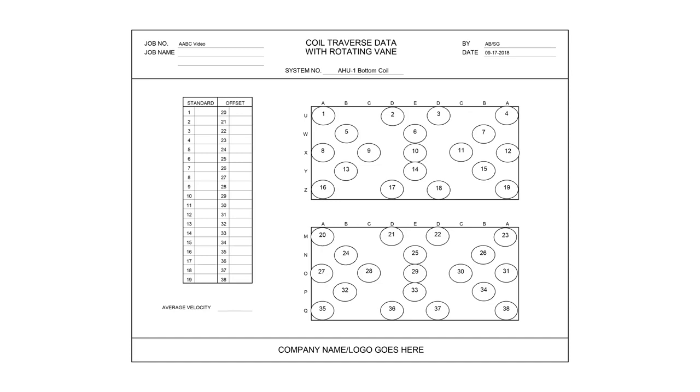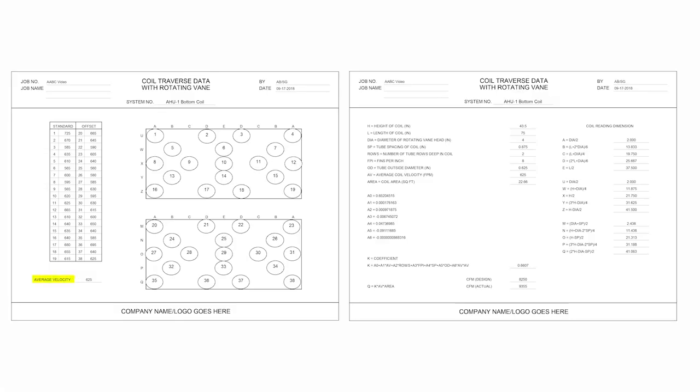Next, repeat this process for AHU1 bottom coil. On page 2 of the form for AHU1 bottom coil, record the standard velocity readings. Then record the offset velocity readings. The average velocity, K-factor, and CFM actual values are automatically calculated for AHU1 bottom coil.